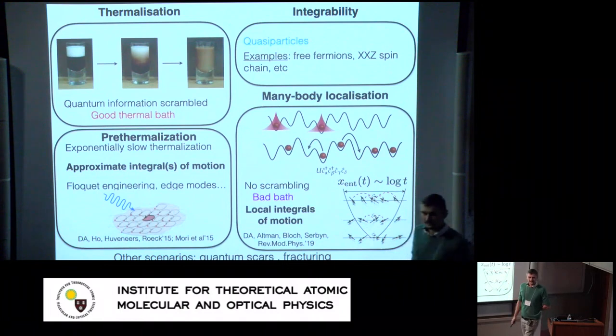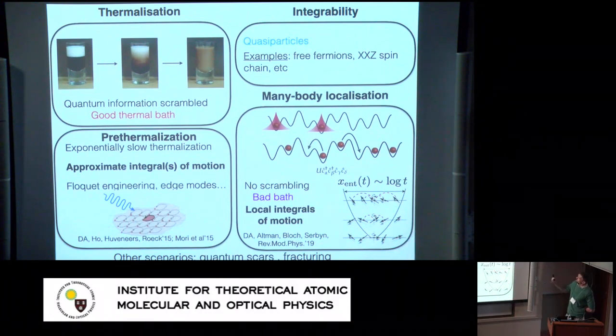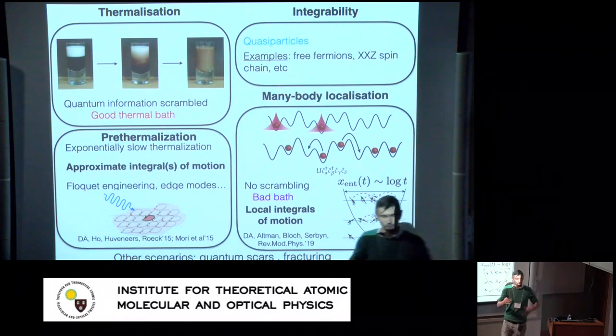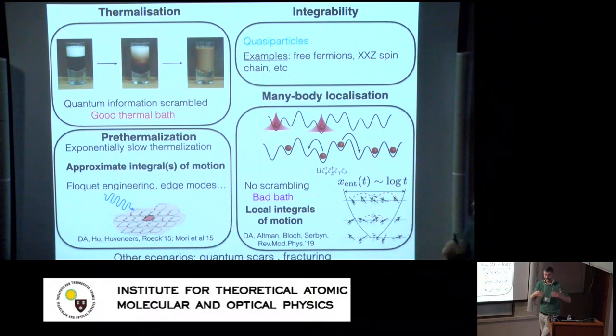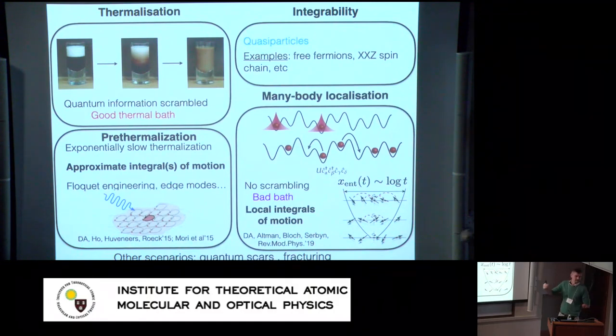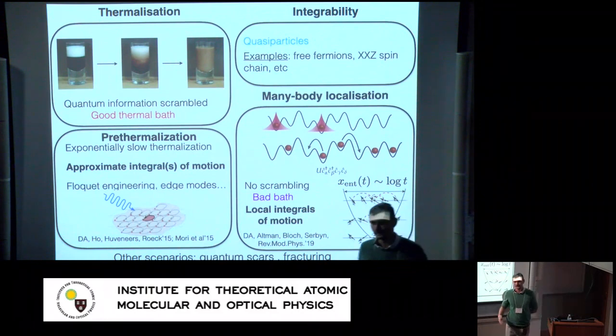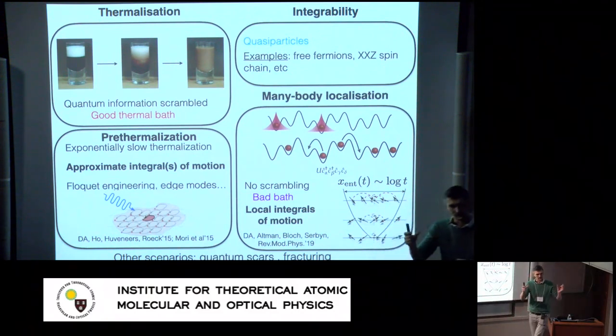Integrability is pretty fragile, right? Phenomena which are much less fragile and driven by disorder is many-body localization, right, where disorder makes the spectrum locally discrete, and that prevents exchange of energy and thermalization. So strongly disordered systems are generally bad baths, and this has to do with the emergence of local conservation laws which are adapted to disorder.